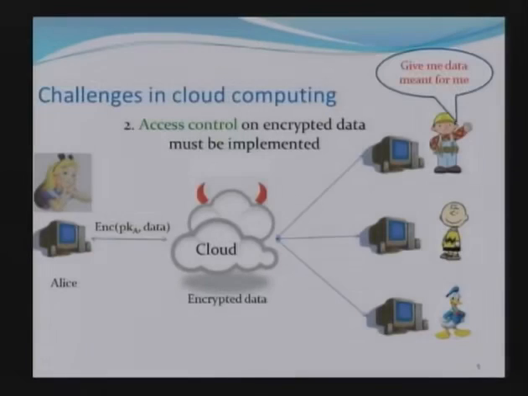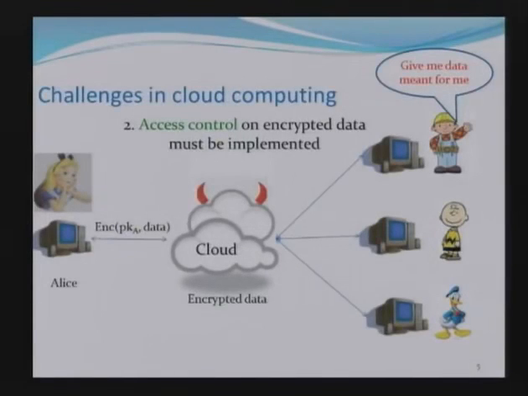She doesn't want Bob to learn her date of birth, or the other secret information that she has. So she wants Bob to learn only some portion of the sensitive data. So there is some access control that's defined over here. But now, since all this data is encrypted, this access control needs to be implemented on encrypted data, which is a whole new challenge that we face.